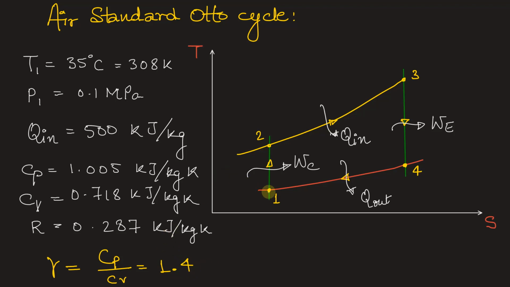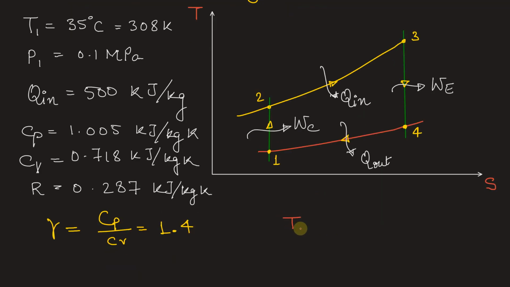Now for compression process, that is from process 1 to 2, we can write the relation of temperature and volume. T2 by T1 should be equal to V1 by V2 to the power of gamma minus 1. Now V1 by V2 is compression ratio, which is 8, to the power of gamma minus 1.